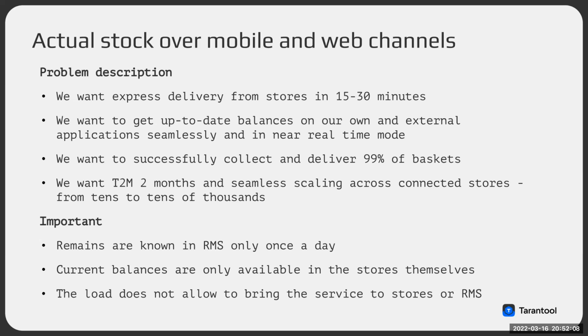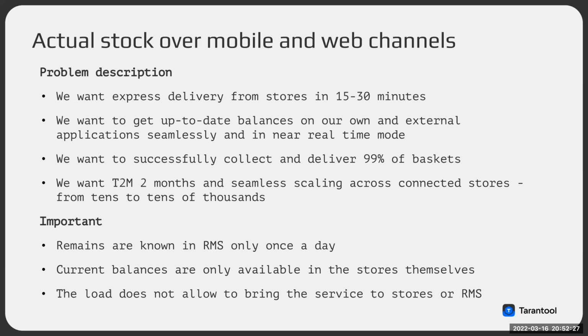What we know that we don't know is, does anybody know where the actual stocks are? Actually, yes. You have 20,000 shops, and each shop, of course, tracks the remainings, the balances of the products on stock.